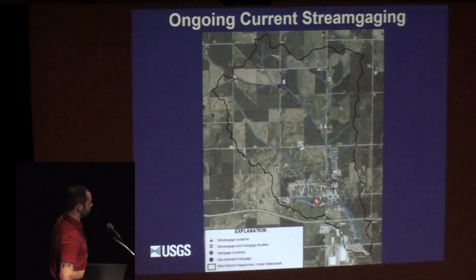We have a discharge gauge here in the park, a discharge gauge on the northern end of town, and also we installed a stage-only gauge where a tributary comes into the Wapsinonoc Creek, and also on the main stem on the upper part here, and then also a precipitation gauge up here, one on the northwest part of the watershed, and then there's another one located in Hoover Park. We recently took this precip gauge down because we're getting the same data as from this gauge since they're so close to each other.